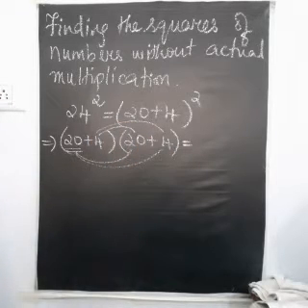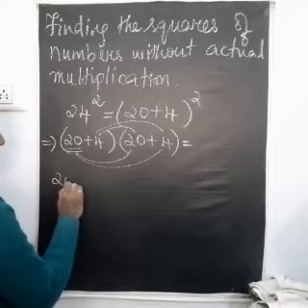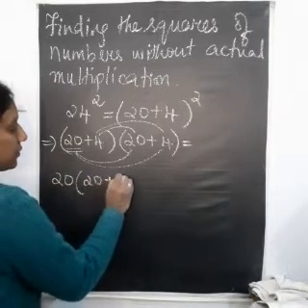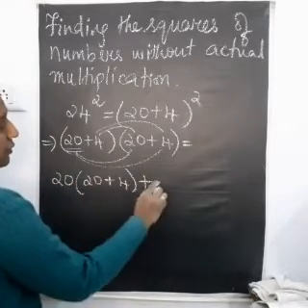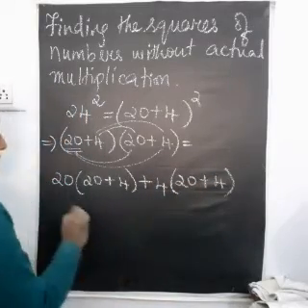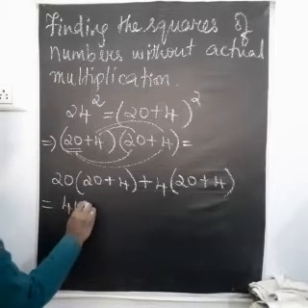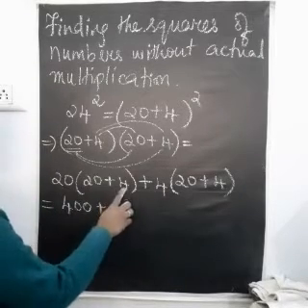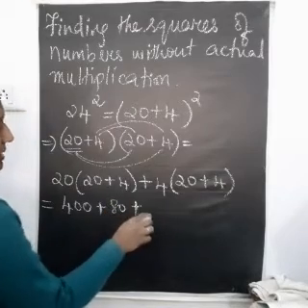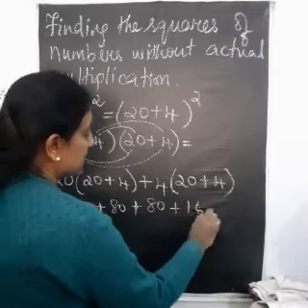Here we are going to use the distributive property. First, that is equal to 20 into 20 plus 4, plus 4 into 20 plus 4. So what does this imply? 20 into 20 is 400, plus 20 into 4 is 80, plus 4 into 20 is 80, plus 16.